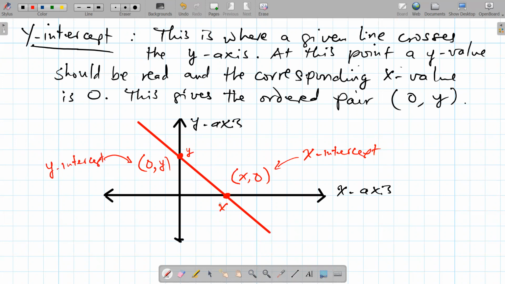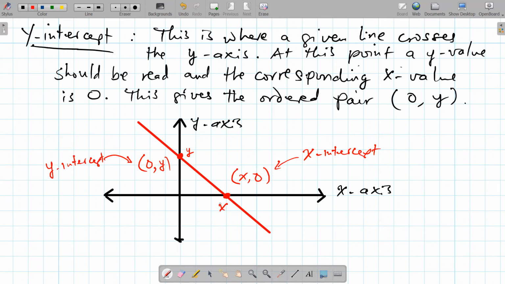Okay, so it is very easy to identify. Again, the intercept is nothing more than a given line crossing either the x-axis or the y-axis. And the moment it crosses the x-axis, you have your x-intercept. So at that particular point where there's an intersection, you have to be able to read the x value there. But the y value of that point is going to be 0 at all times.